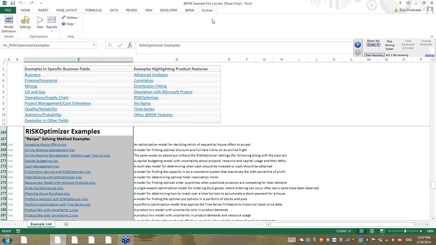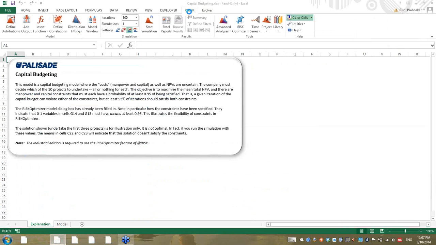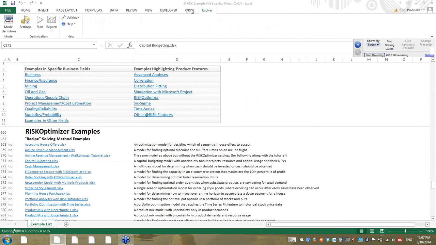So I'll start quickly by revisiting optimization itself, and I'll do so using Evolver. But what I will do, for starters, is actually use one of the RISKOptimizer examples.